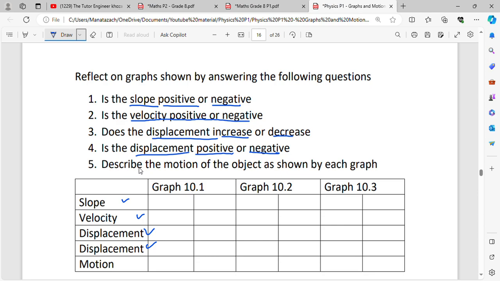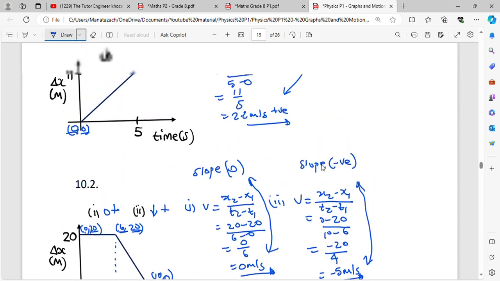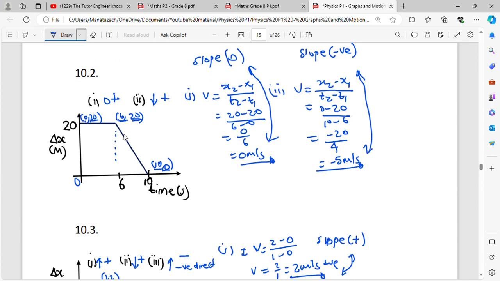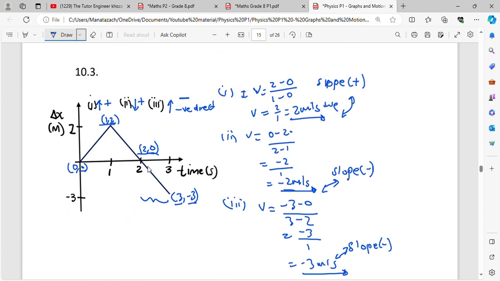And then the final question is, describe the motion of the object as shown by the graph. For the first one, the displacement is increasing in the positive direction, as we have shown in the previous questions. In 10.2, the displacement remains constant for 6 seconds and then decreases in the positive direction until 10 seconds.